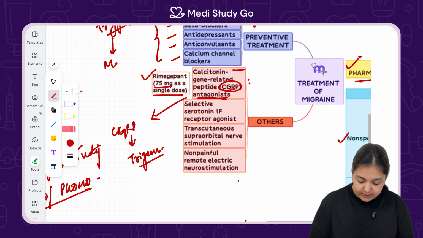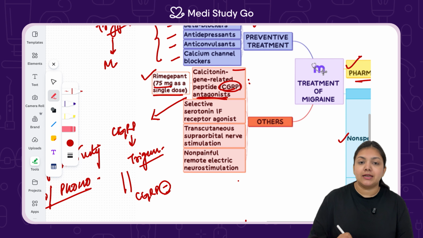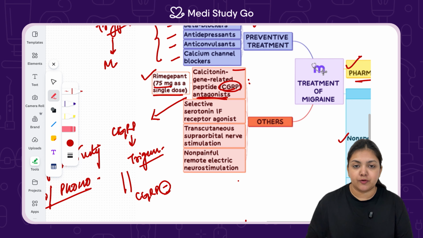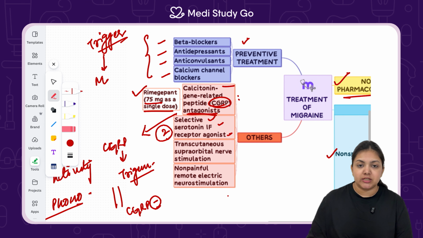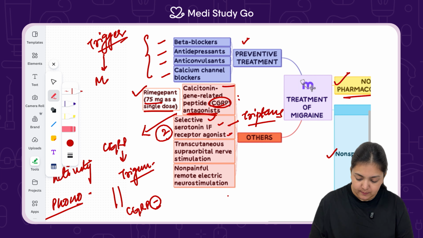So these antagonists block this release of CGRP. They inhibit it and therefore the nerve signal will not be transferred for pain and the patient's migraine will get cured. Secondly, you can use selective serotonin receptor agonists which also prevent this trigeminal action and prevent the migraine from happening. Examples of these also include triptans.